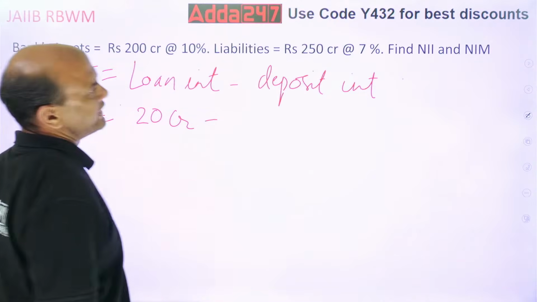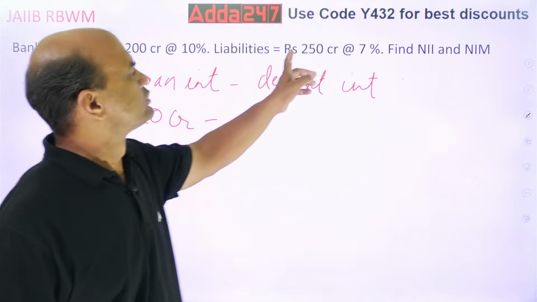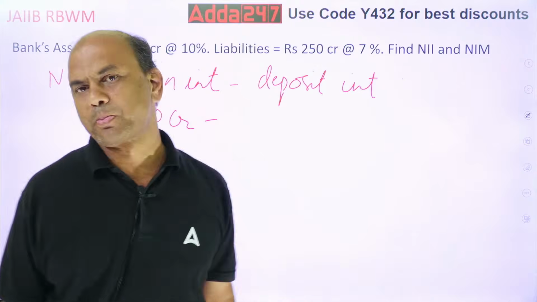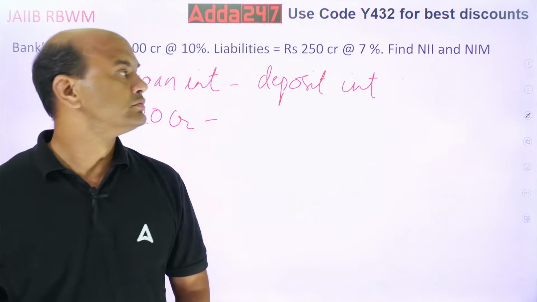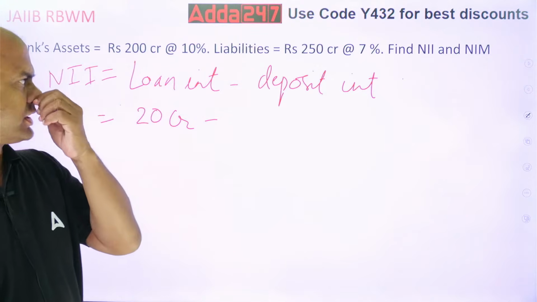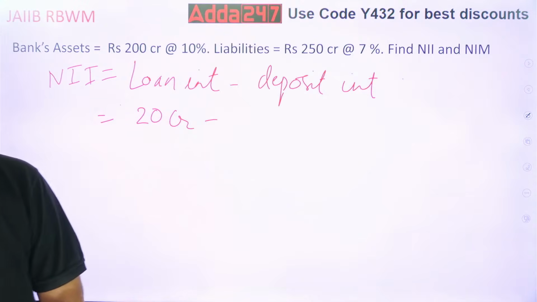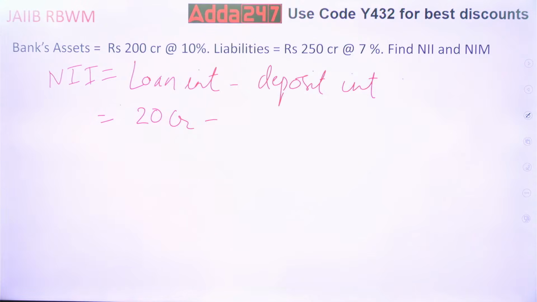Minus deposit interest. 250 at 7%. So this you will have to find out. 25 into 7. So what is it? 25 sevens are? 25 eights is 200. So 175. So it will be 17.5.